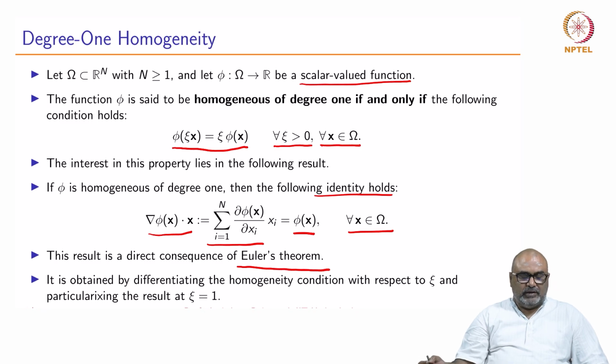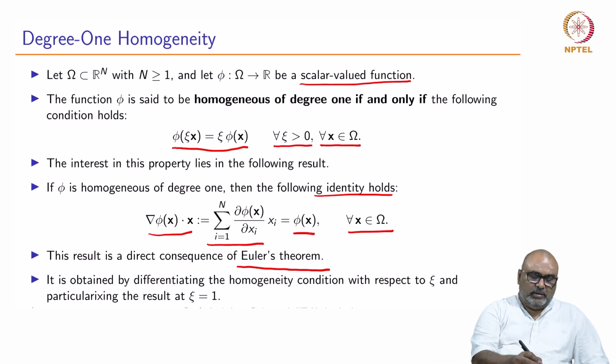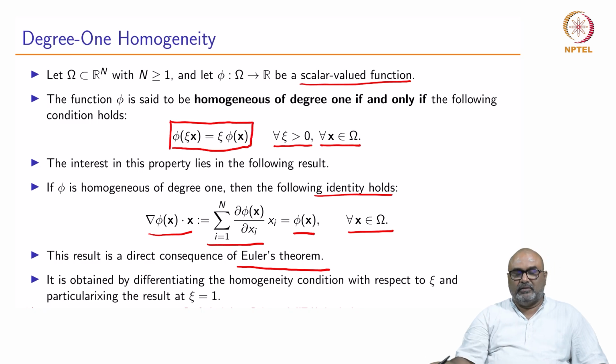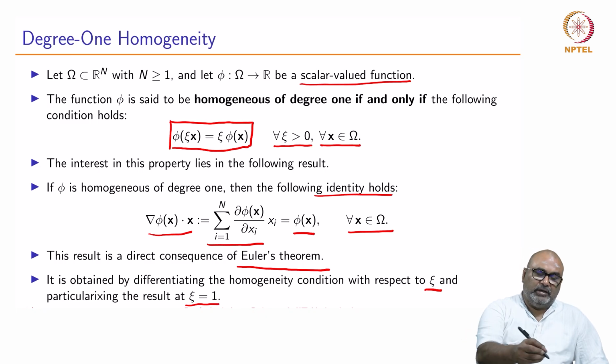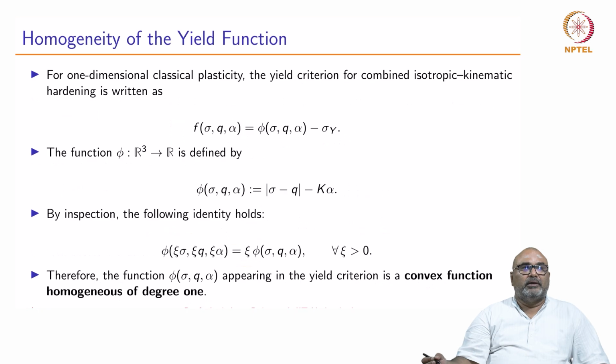So, we say that the function phi is homogeneous of degree 1 when phi of xi x is equal to xi phi of x. Now, it is obtained by differentiating the homogeneity condition with respect to xi and particularizing the result at xi equal to 1, and then we get the Euler's condition.